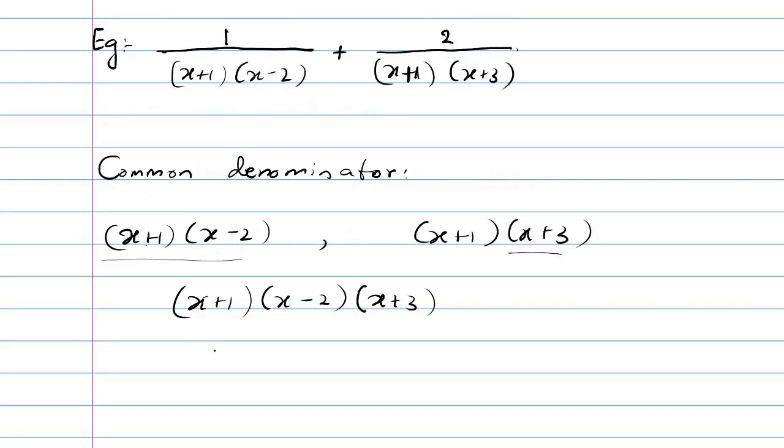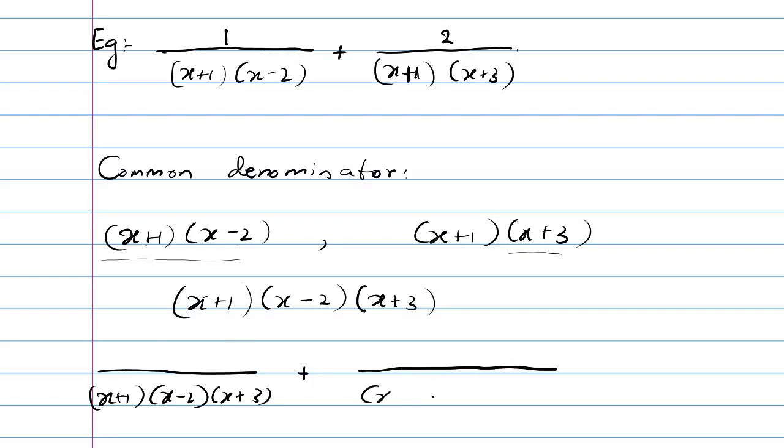As earlier, I will just write it down over here: x plus 1, x minus 2, and x plus 3. Okay, so this is not 1. We need to fill out the numerator, and on the other side also we have x plus 1, x minus 2, and x plus 3. Okay, fine.